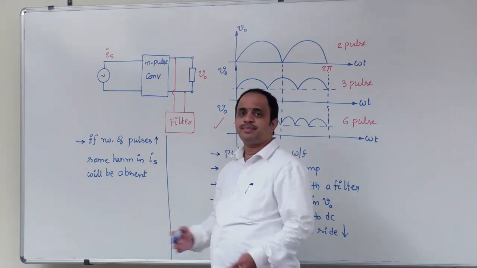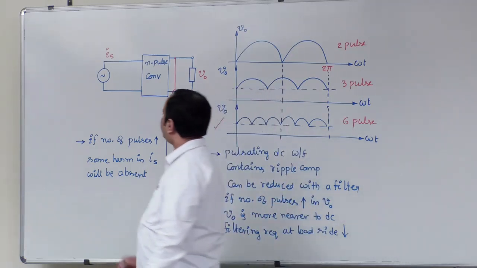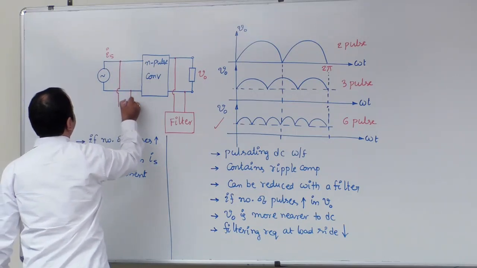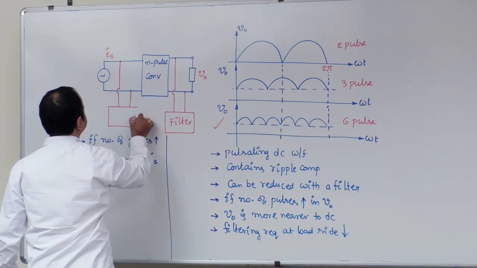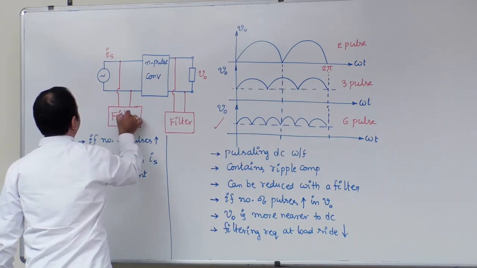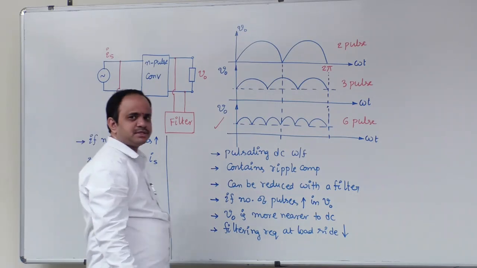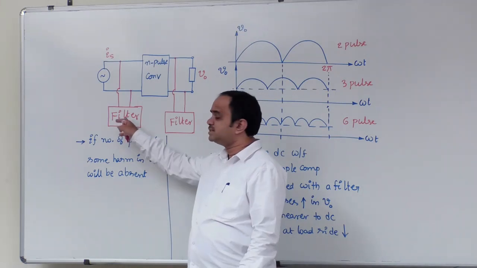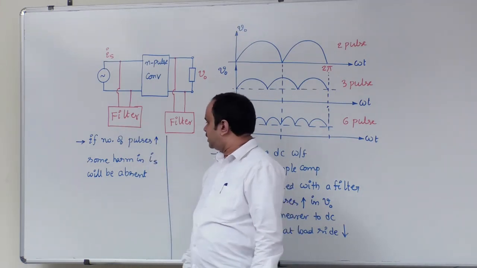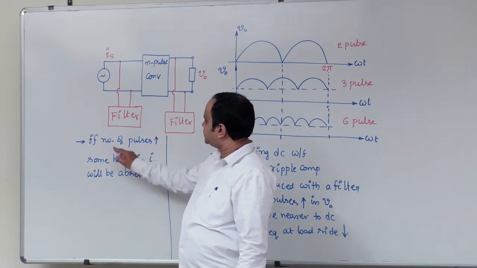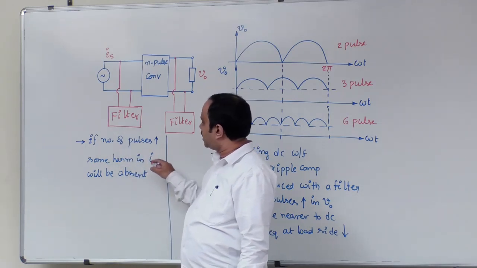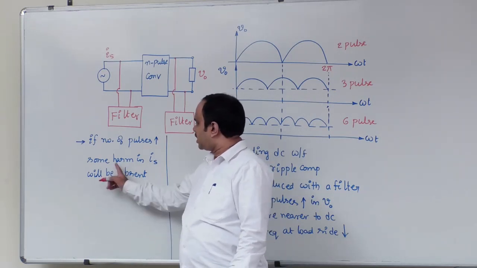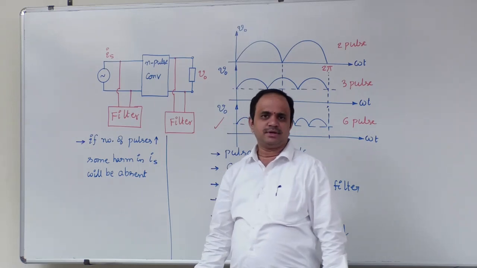So if harmonics are present at the source side, what is the common practice? The common practice is, at source side one filter will be placed. So size of that filter will reduce. Therefore, the benefit here is, if the number of pulses in output voltage or in the converter operation increases, some harmonics in source current will not be present, right?